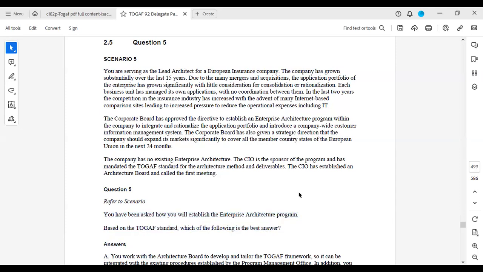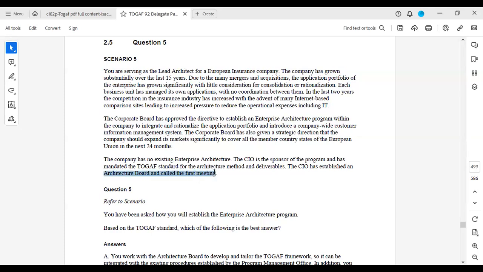And one more thing I want to tell you: if you look at the scenario, it says there is no existing enterprise architecture. It means you have to start from scratch, from the governance and everything. Also, the CIO has established an architecture board.